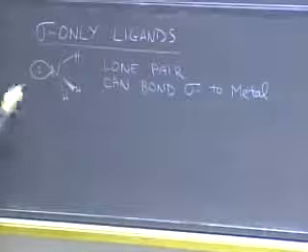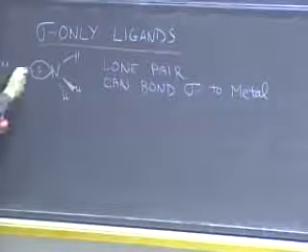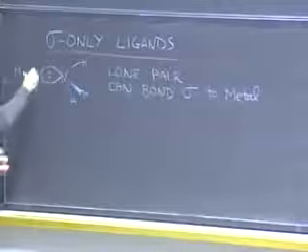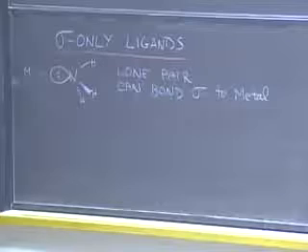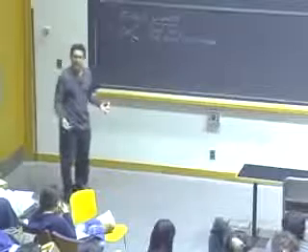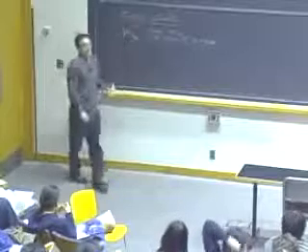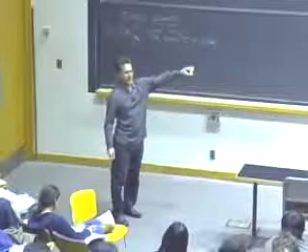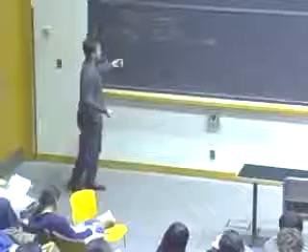Okay, I think you'll appreciate that if we have a metal out here, such that this lone pair of electrons is directed right at the metal, then that results in a cylindrically symmetric lone pair about that metal-nitrogen internuclear axis, and so that would be a sigma type of interaction. So this is called a sigma-only ligand, and other ligands, like cyanide or like chloride, we're going to have to add in pi effects. But this is the simple sigma-only case.